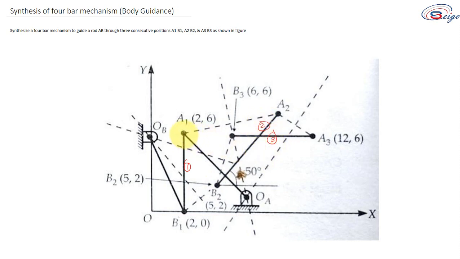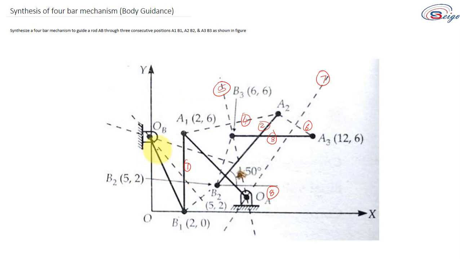After that, join A1, A2, then draw the perpendicular bisector of A1, A2. Then join A2, A3, then the perpendicular bisector of A2, A3. These two will meet at a common point OA, so mark the point OA.